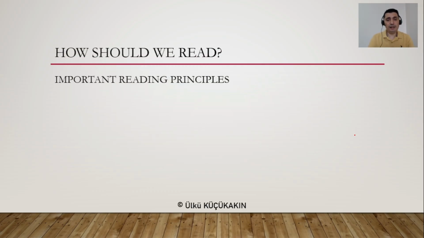Now, there are some other. So we said you need to do at least twice or maybe three times. You need to read the texts, okay? But there are also some other important reading principles, okay? First one is you should not overwhelm yourself with vocabulary.